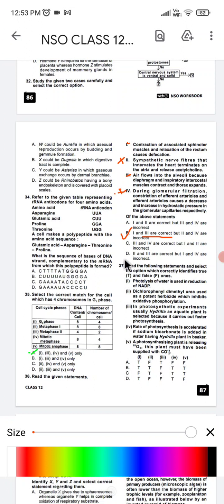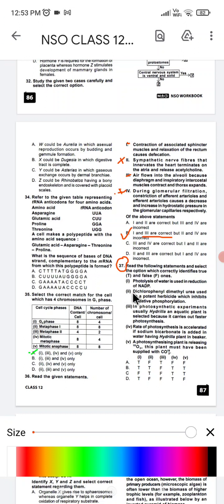After that we have question 37. In question 37, what we see is: read the following statements and select the option which correctly identifies true for T and false for F. So, photolysis of water is used in reduction of NADP.